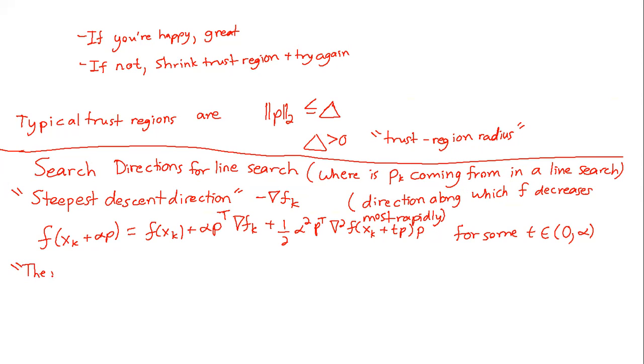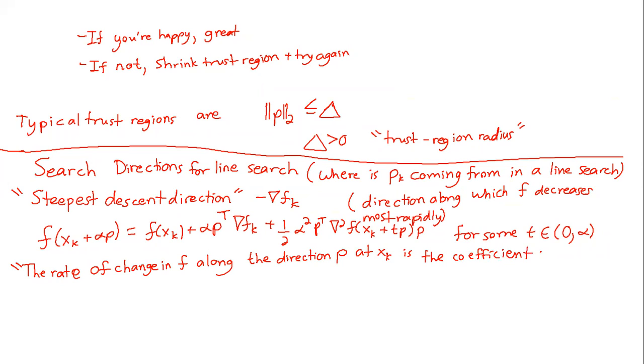The book says that the rate of change in f along the direction p at xk is the coefficient of alpha, which is p transpose del fk.